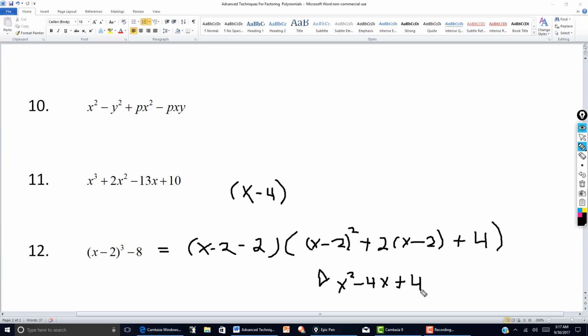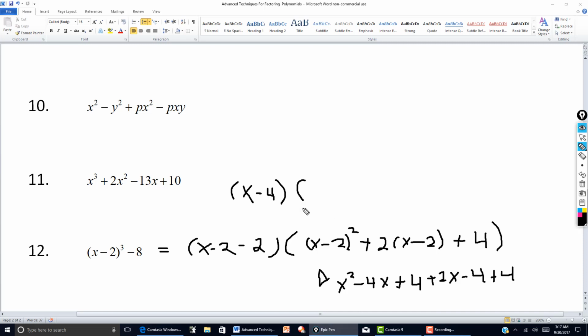That's just (x minus 2) quantity squared, or x minus 2 times x minus 2. If you do that calculation, this is what you get. And then in the next one, I'm multiplying by 2, that would give me 2x minus 4. And then it's plus 4.